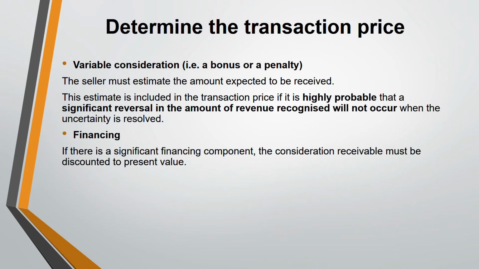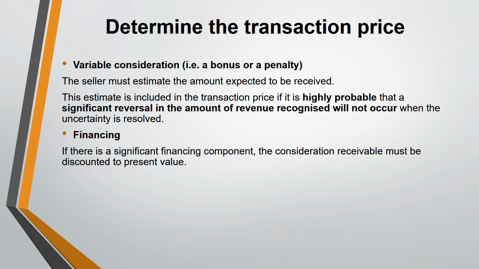Second one is financing. If there's a significant financing component that you have used, that means a consideration receivable must be discounted to present value. What is a significant financing component?